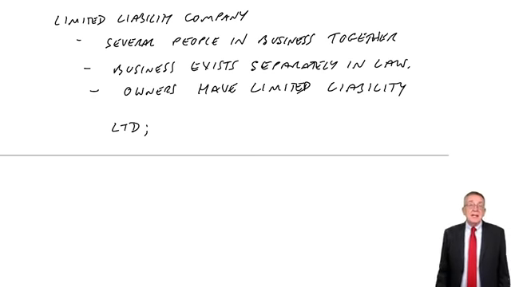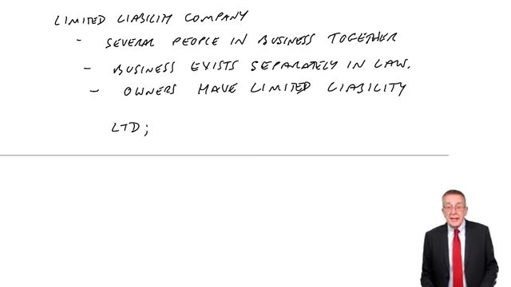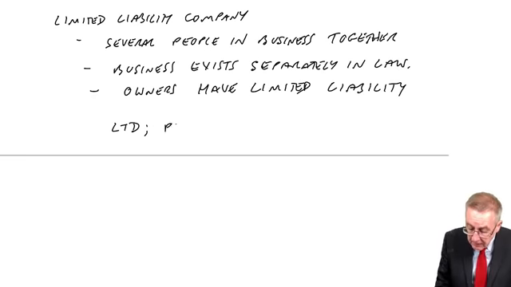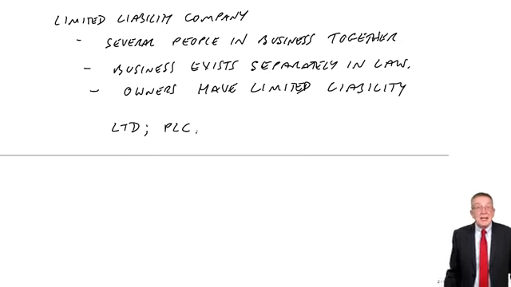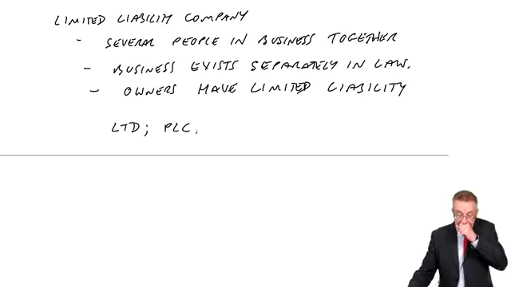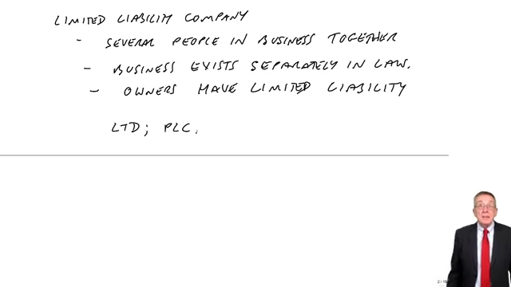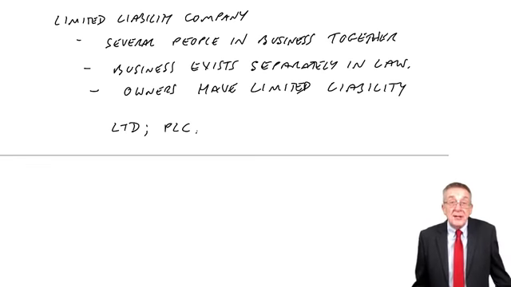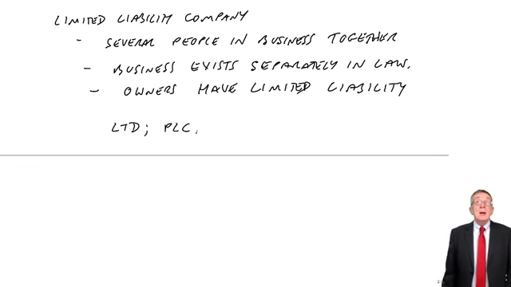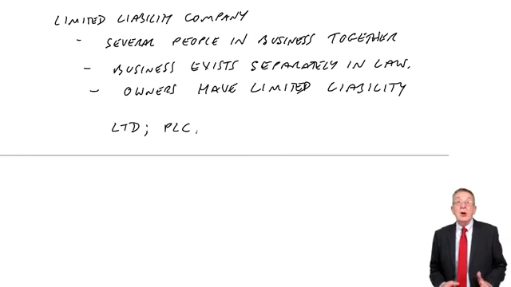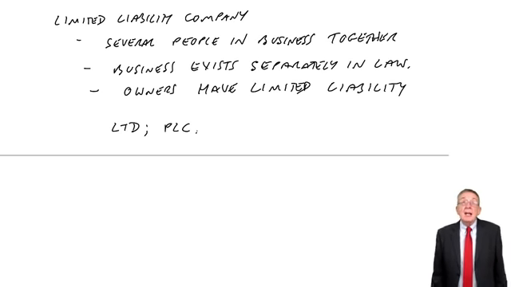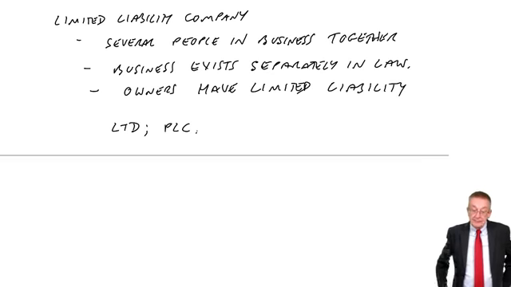If it's a big business, quoted on the stock exchange, we put the letters PLC. LTD stands for limited, PLC is public limited company. Again, this isn't a law exam, and you won't be tested on the words. But if ever you see in a question mention of X LTD or X PLC, it simply means it's a limited company.